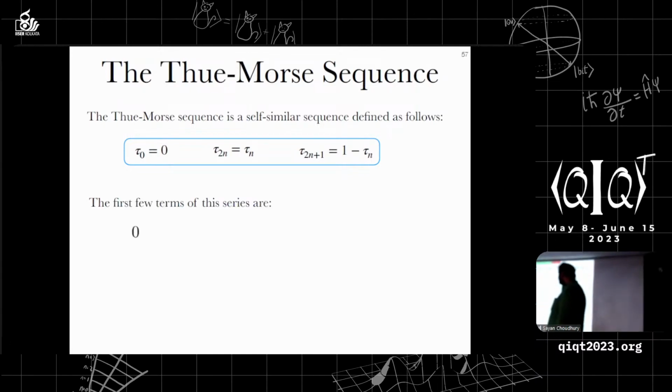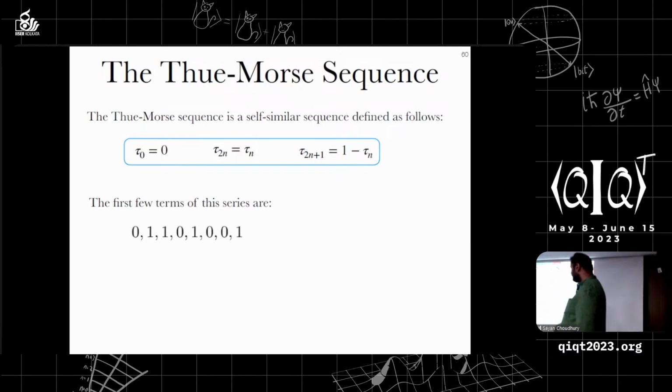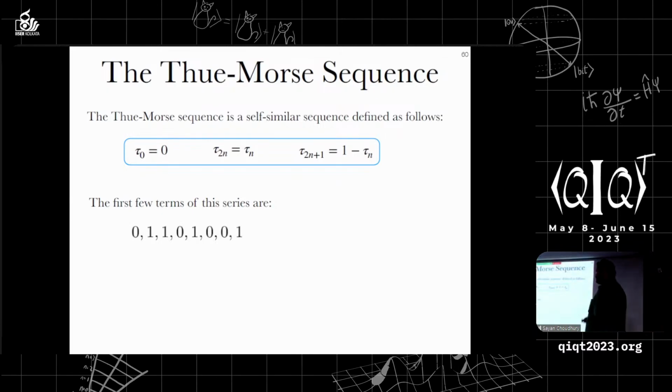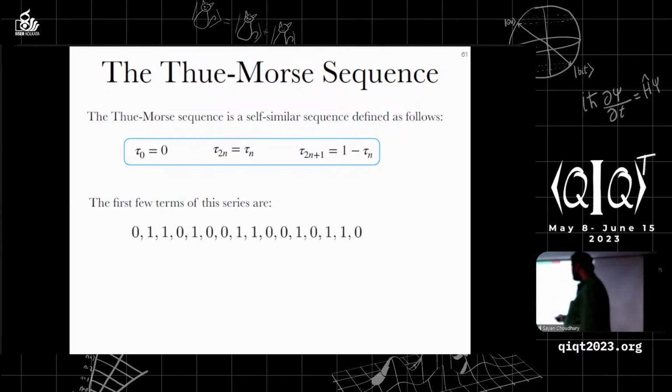Okay. So if you look at the first few terms of this series, the first term is 0, the next term is 1, then the next two terms are these 0 and 1 alternated. So the next two terms are 1 and 0. If you look at the terms that come after this, the next 4 terms are an alternate of these 4. So it becomes 1 0 0 1. If I do the next 8 terms of this series, you get the alternate of this.